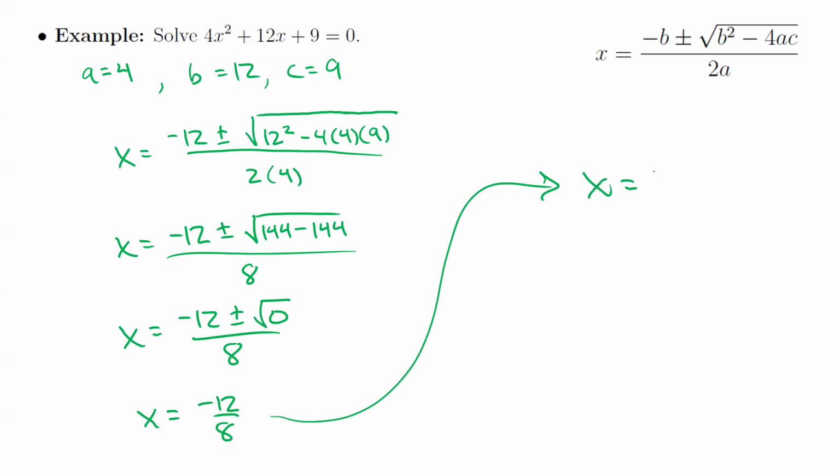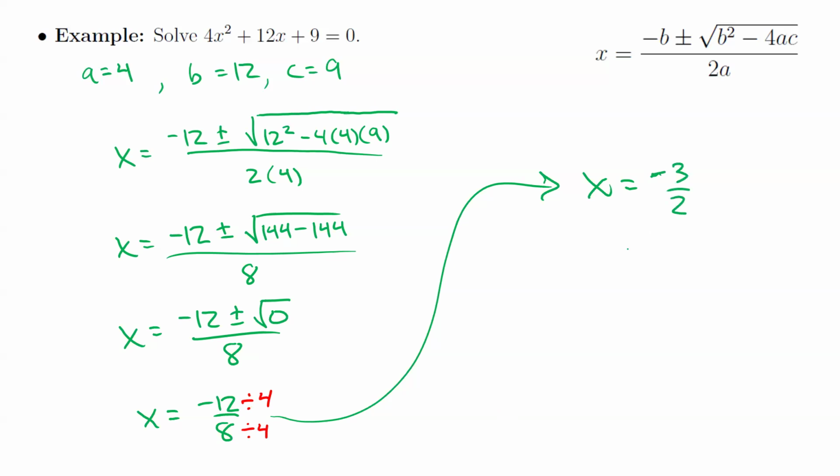Which I should do. Divide by 4 on top and bottom, and we get negative 3 over 2. All right, just one answer.